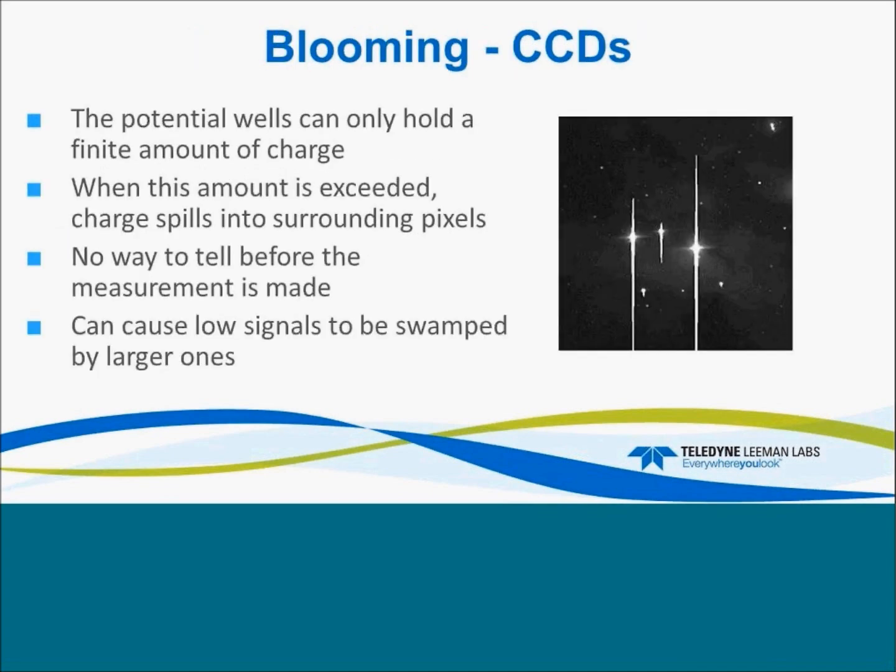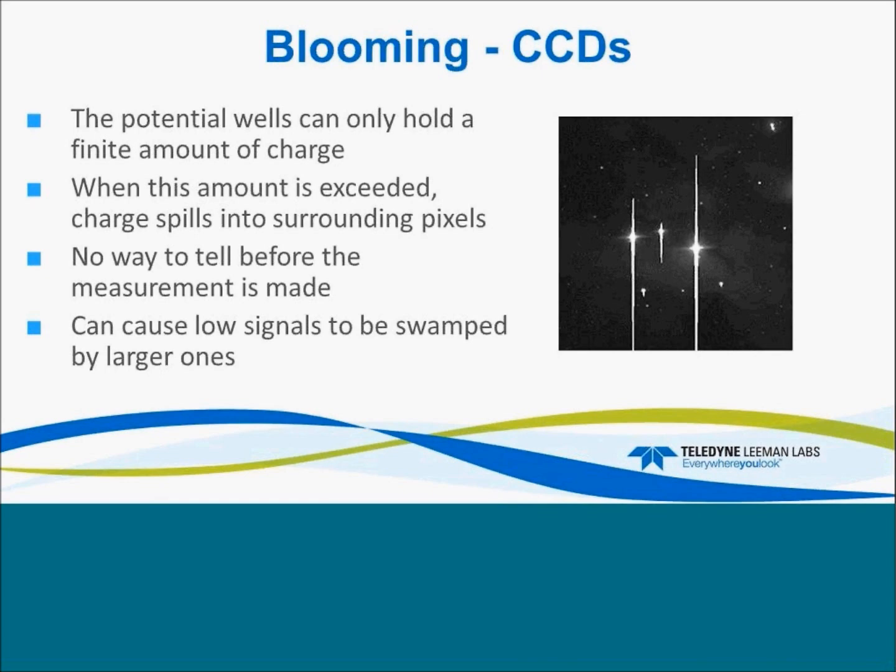Okay. Another feature or property of CCDs is blooming. Any pixel holds a certain amount of charge in what's called a full well capacity. It can only hold a finite amount. On the CCD, when that amount is exceeded, it spills over into the surrounding pixels.